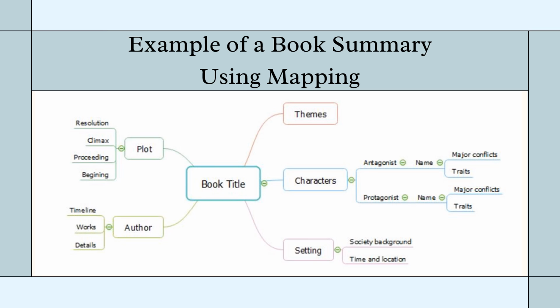This slide shows how you can map out a book summary. Using mind maps or mapping is a great way for visual and logical learners to take notes. This note-taking strategy can be used either during a lecture or during your study time to organize and summarize a topic you are reading or studying.